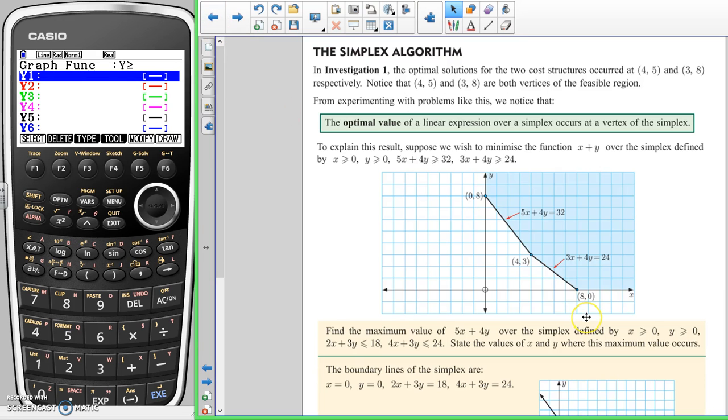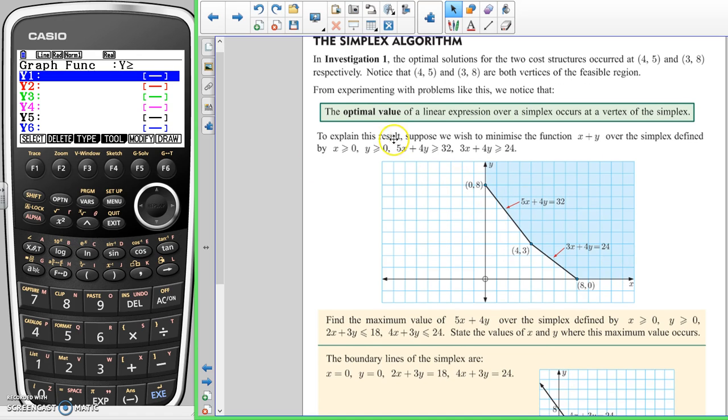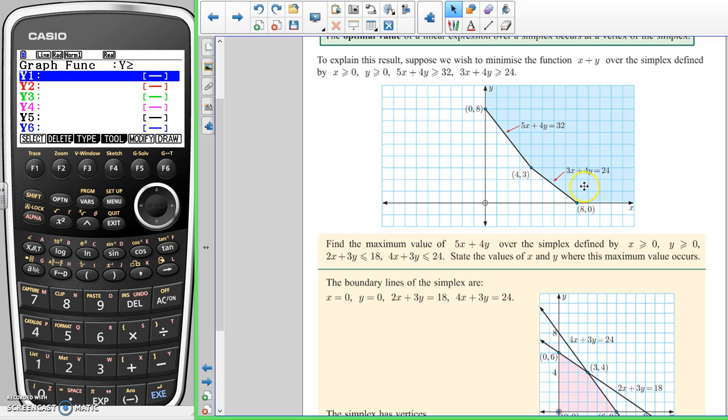You get given this in the first part of this chapter, so it's 2C1. You can see here the other constraints that we have are x is greater than or equal to 0, and y is greater than or equal to 0. And from there, you find the coordinates of the simplex. So this one would be (0, 8), (4, 3), and (8, 0).